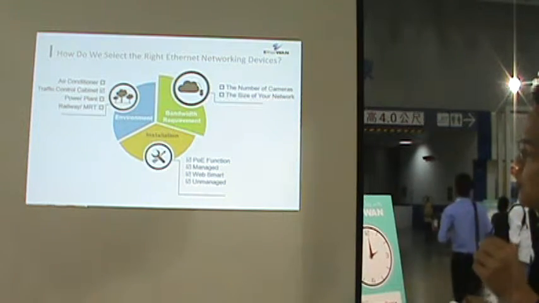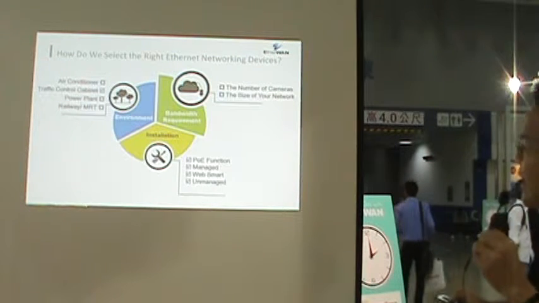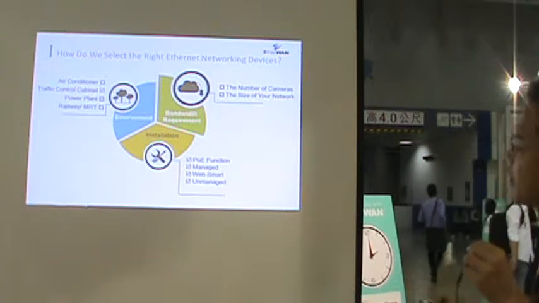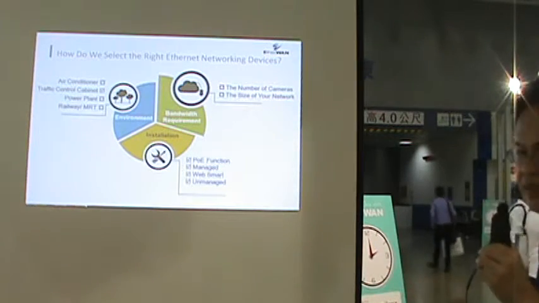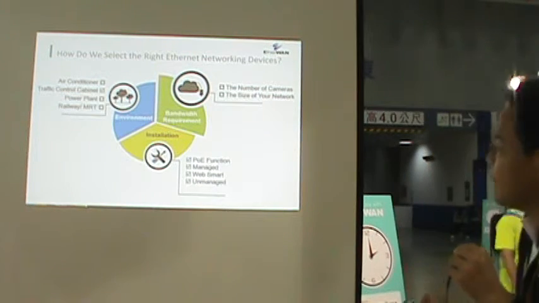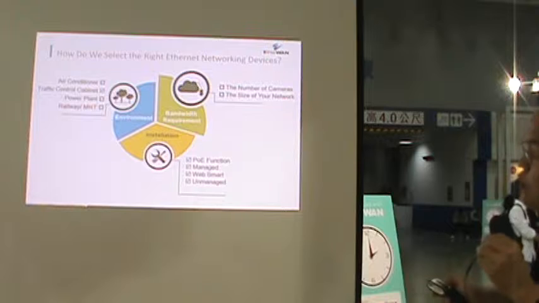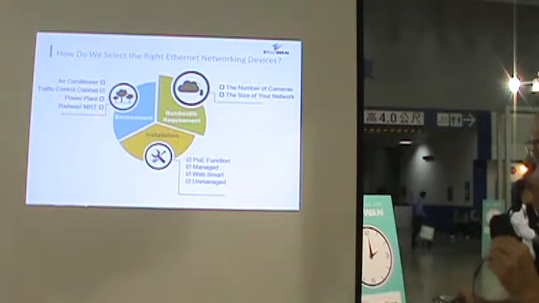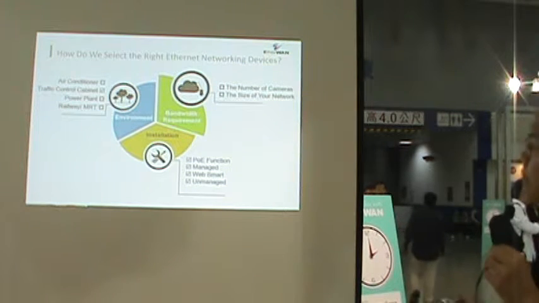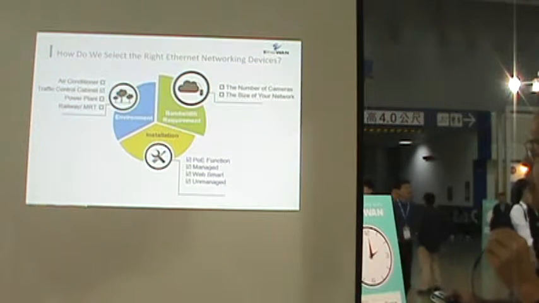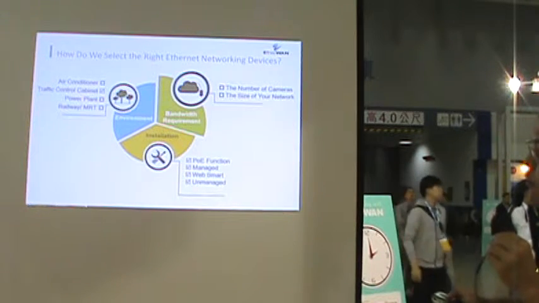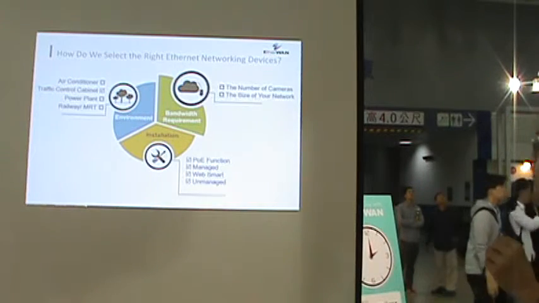But if you want to install a device in a traffic cabinet, you would definitely need an industrial switch, because it can withstand extreme temperatures from -40 to +75 degrees. If you want to install a switch in a power plant or railway, then for the power plant the switch has to be IEC standard, because it needs immunity to EMI. For the railway, you need the EN standard.